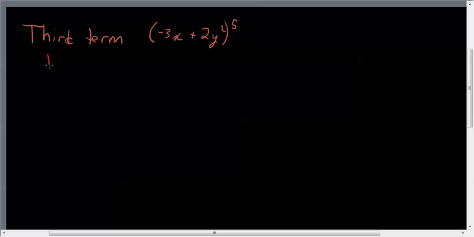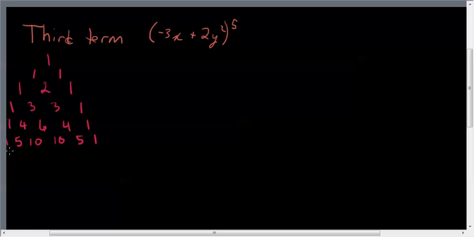Alright, so Pascal's triangle is 1, 1, 1, 1, 2, 1, 1, 3, 3, 1, 1, 4, 6, 4, 1, and then 1, 5, 10, 10, 5, 1.